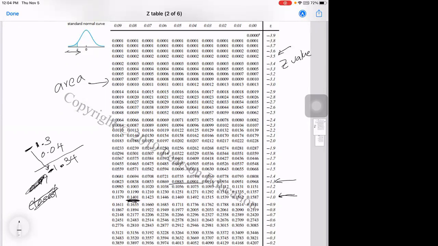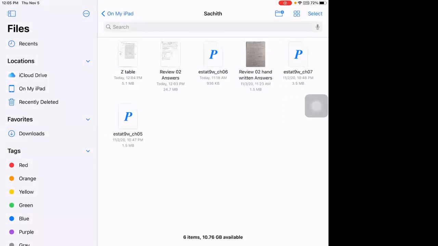So what is the related row and column? The row is negative 1.0, and the related column is 0.08. So 1.0 and 0.08 gives 1.08, but don't forget the negative sign. So the answer is negative 1.08.